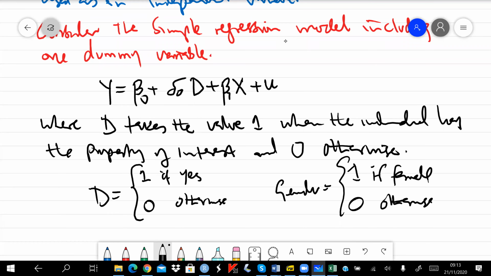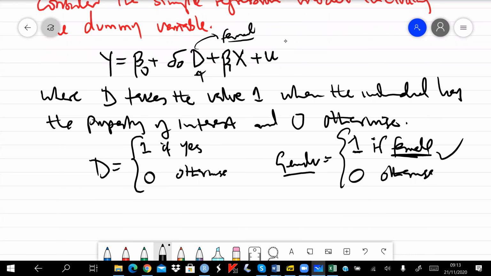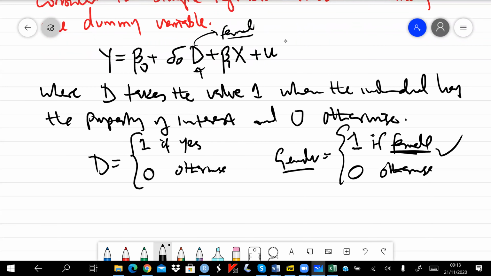This is when you have set the dummy variable and given it the name female. This D will be the dummy for the variable called gender, and it will be taking the value 1 every time you have a female individual and 0 otherwise. That's what you call a dummy variable. So gender is equal to 1 if female and 0 otherwise.